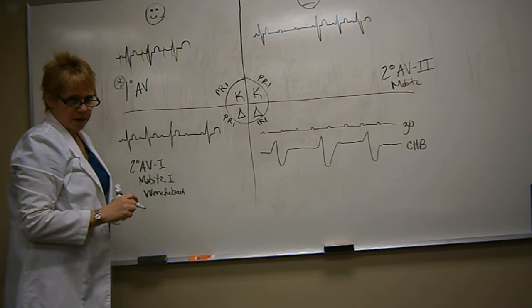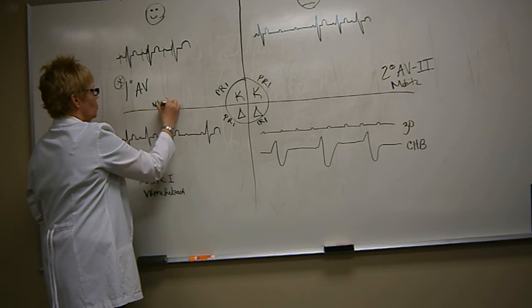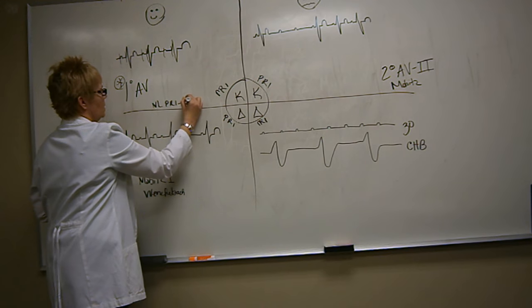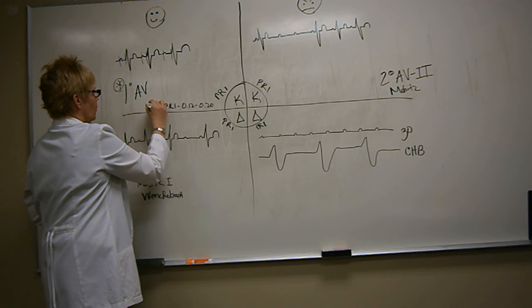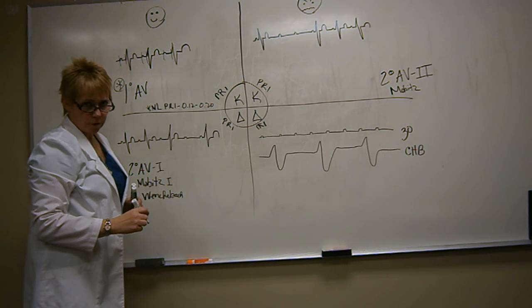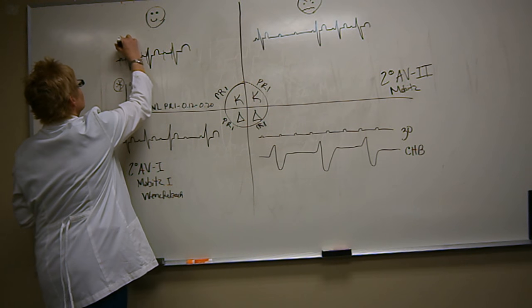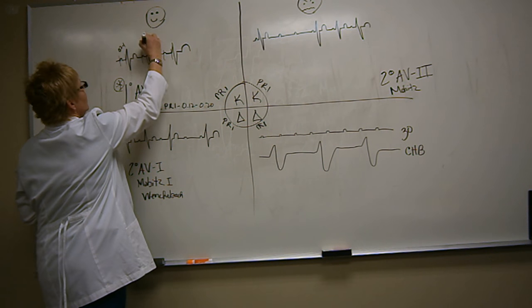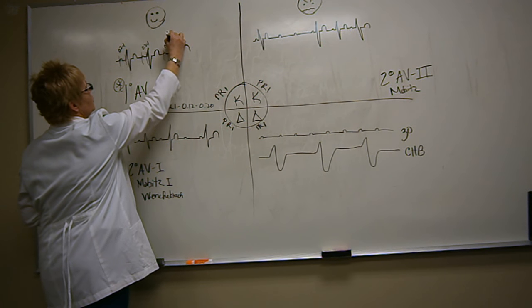Now what's unique about the first-degree block, what that means, a normal PRI is 0.12 to 0.20. So for this one, it's long. So every time the PR interval occurs, it must be longer than 0.20. So if this one is 0.24, this one must be 0.24, 0.24.